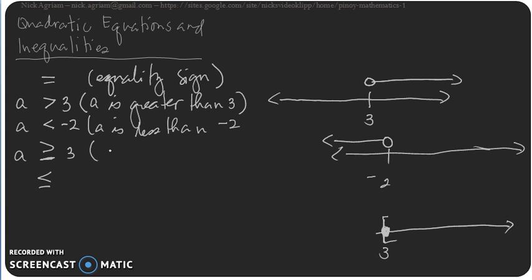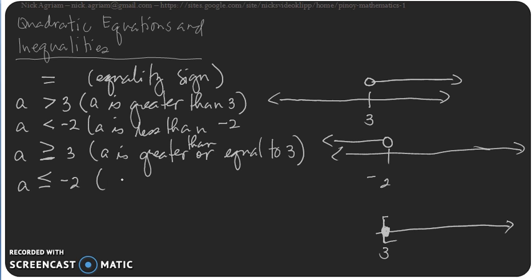So this one reads a is greater than or equal to 3, and this one is a is less than or equal to -2.